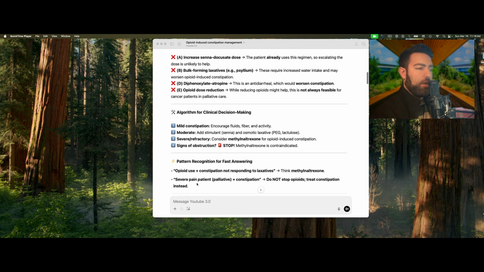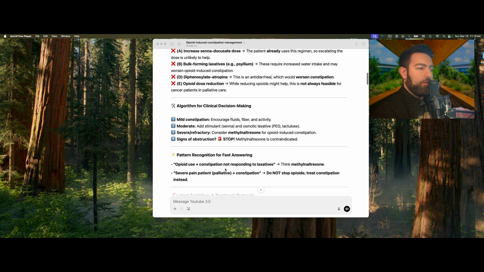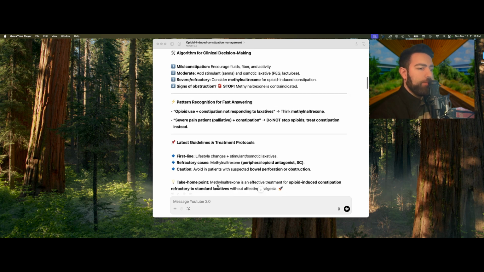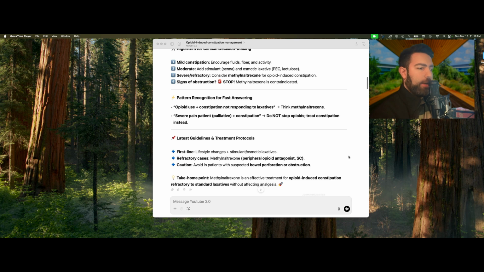Severe pain patients like palliative care plus constipation, do not stop their opioids, treat the constipation. The latest guidelines are there. The first lines are always lifestyle and stimulant osmotic laxatives. Refractory cases for opioid-induced, methylnaltrexone, and just have caution in patients with suspected bowel perforation or obstruction when using methylnaltrexone. All right, so this is a very high yield question generated by AI, and so let's go ahead and move on to the next question.